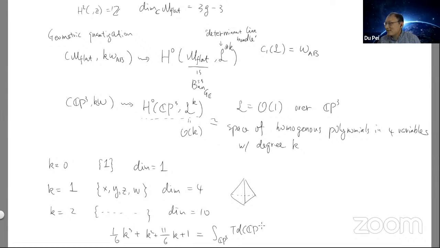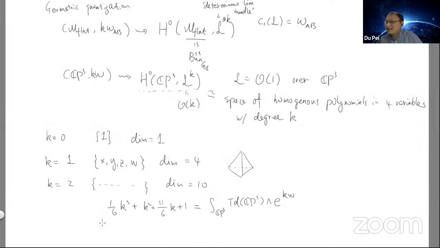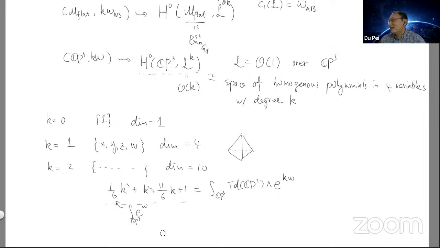The index, or holomorphic Euler characteristic, of O(k) is simply given by this formula. If you expand this and compute, you will exactly get this formula. And to leading order, you will indeed interpret this 1/6 as the integral of e to the omega on CP3. So it's not a coincidence that the volume of CP3 arises.